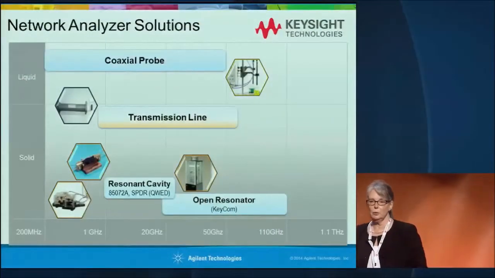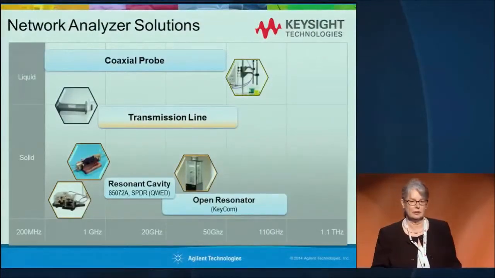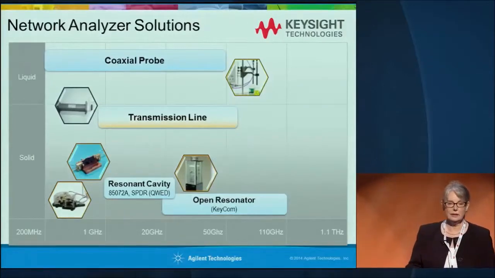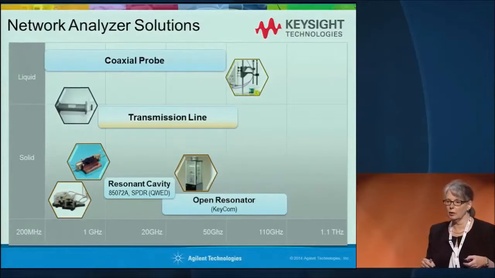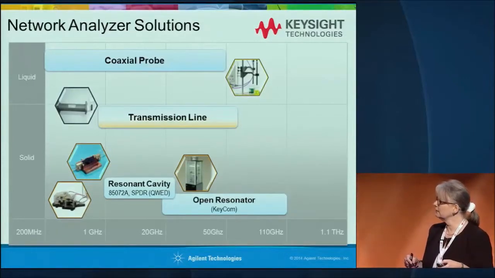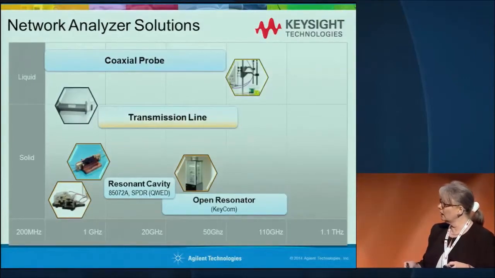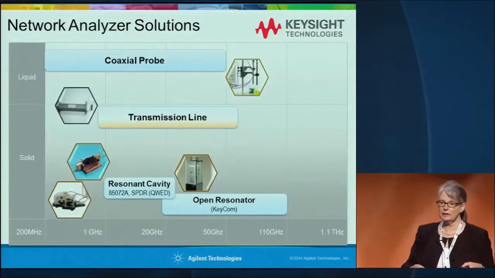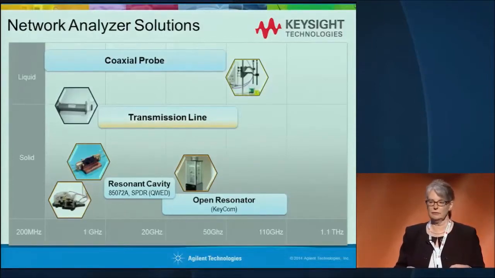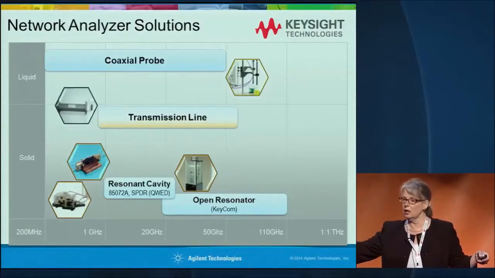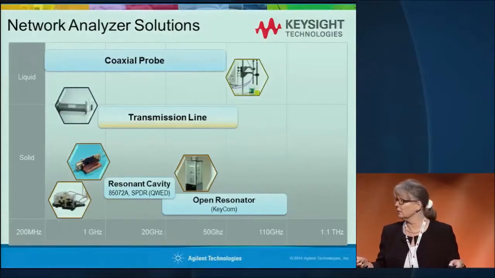Okay. All right. So one of the real workhorses in these measurements is the transmission line method. In this method, you cut your sample to fit inside a waveguide or a coaxial airline. On the low end, it's a practical consideration of maybe 500 megahertz or gigahertz, where your wavelength gets too long to get enough sample to make a sensitive measurement.